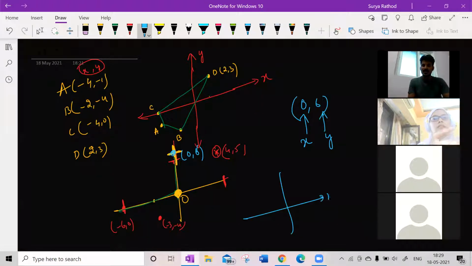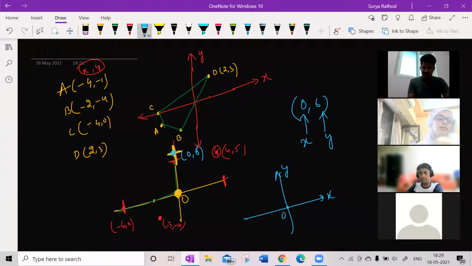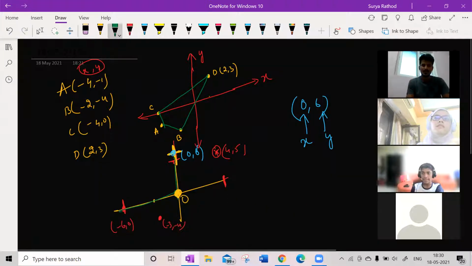So this is my x-coordinate, this is my y-coordinate. X-coordinate 0 will be here, 6 will be here. So I'll be plotting the point here, (0, 6). This is my (0, 6), the green color big dot. Clear my point? Any doubts?